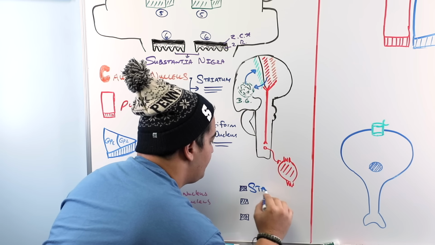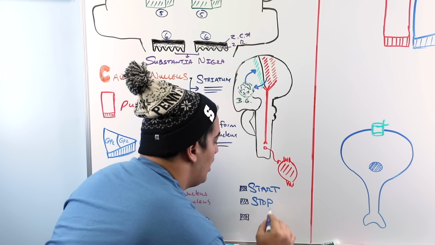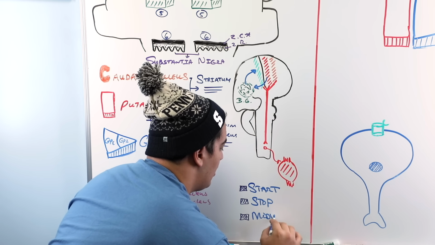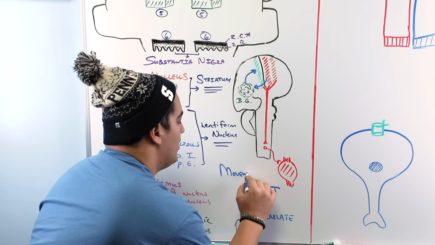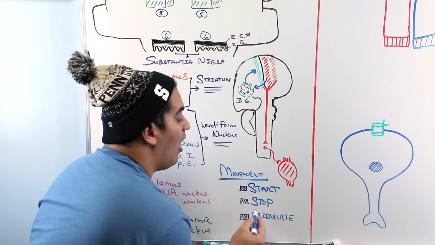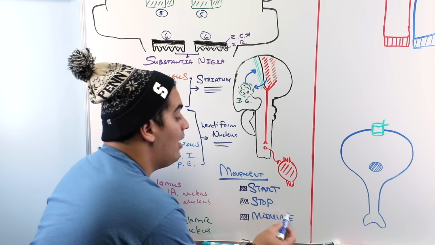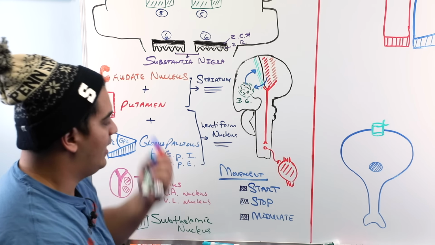To start movement, stop movement, and modulate motor movement. So this is all involved with movement. It's designed to start or initiate a movement, stop unwanted motor movements, and modulate motor movements. Beautiful. Now let's get into the pathways.